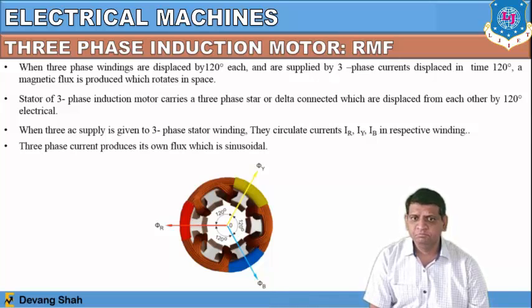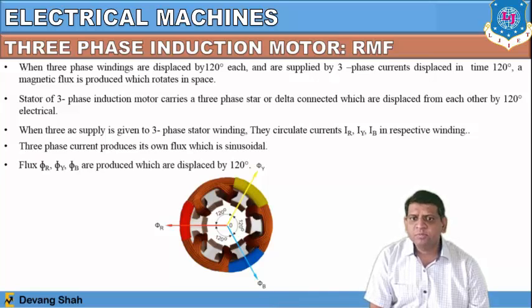Once you apply these three-phase currents, they produce magnetic flux in the windings. The produced magnetic fluxes are phi R, phi Y and phi B, all displaced by 120 degrees from each other.